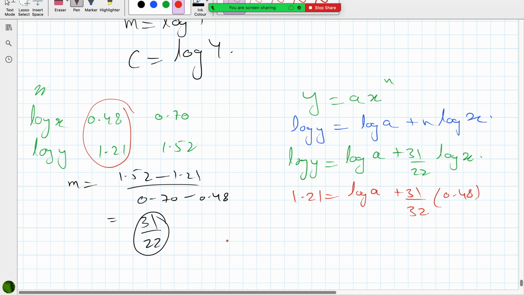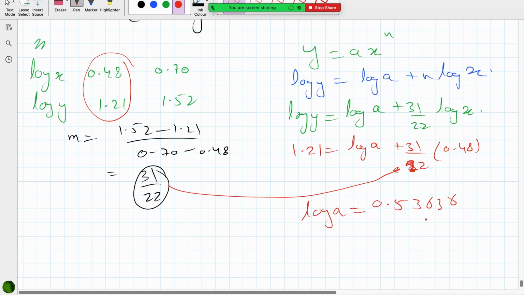I'm using this to find log a. So 31/22 multiplied with 0.48, and 1.21 minus the answer, and log of a is 0.5363.